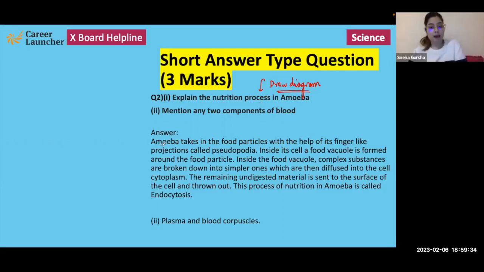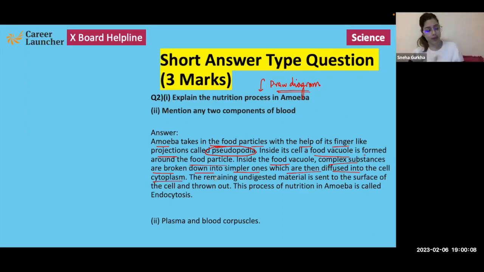So amoeba takes in food particles with the help of its finger-like projections called pseudopodia, right? Inside its cell, a food vacuole is formed around the food particle. So the food particle is surrounded by the food vacuole. Inside this food vacuole, complex substances are broken down into simpler ones, which are then diffused and distributed into the cytoplasm.